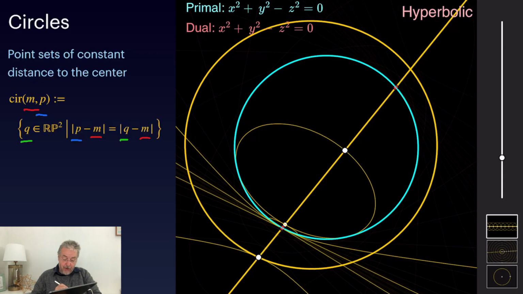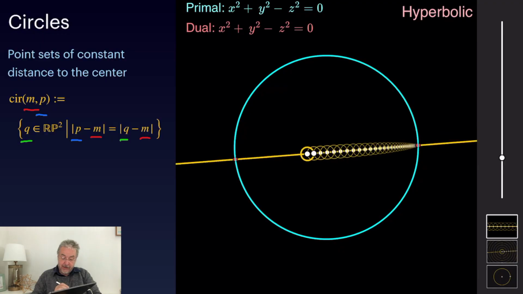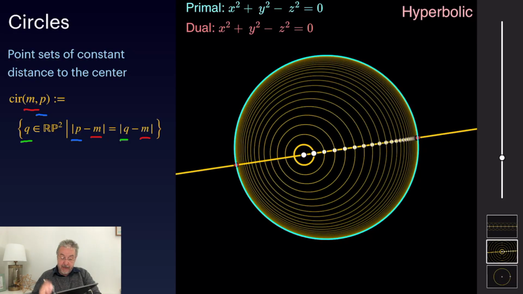Let me do one more experiment, and this time let's not make a chain of circles, but let's make a sequence of concentric circles. So here is a sequence of concentric circles.